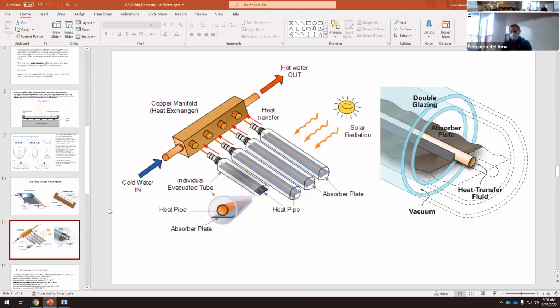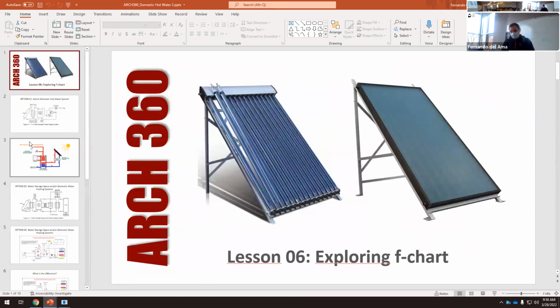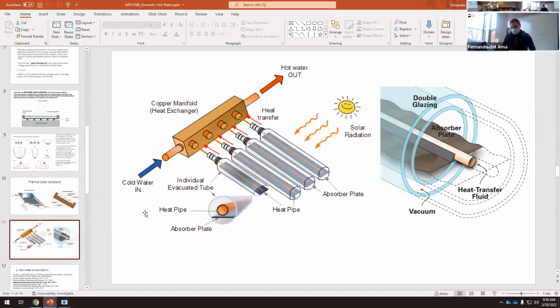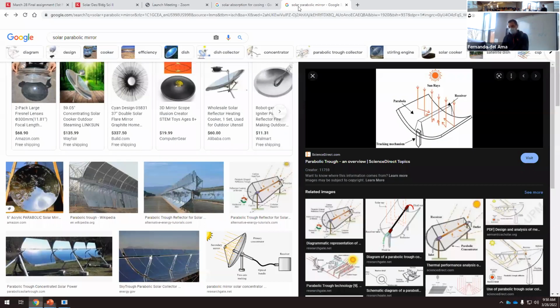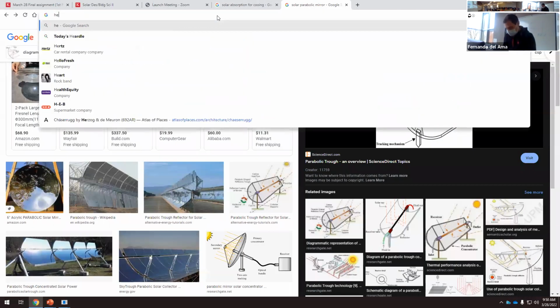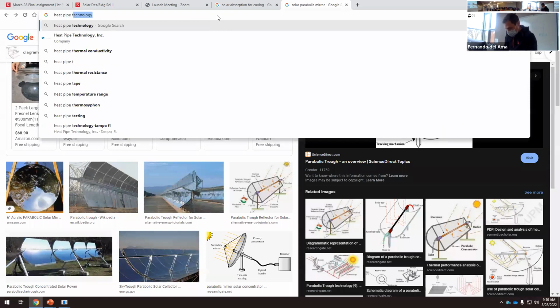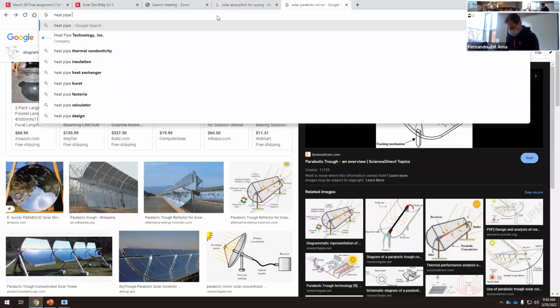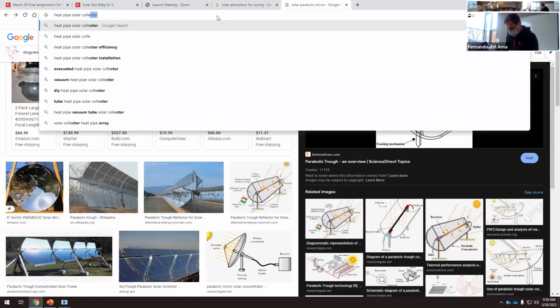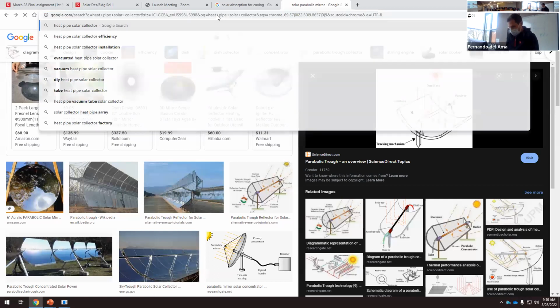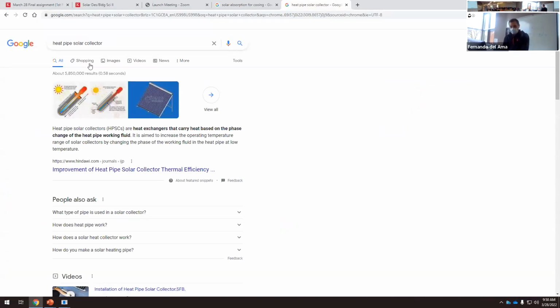And finally, we have the heat pipe, what do you call it? Yeah, it's the heat pipe technology. Heat pipe solar collector. There you go.